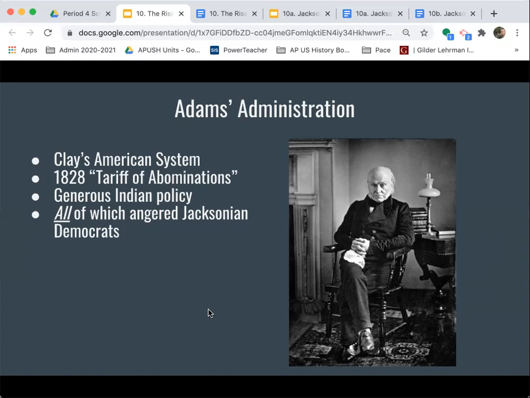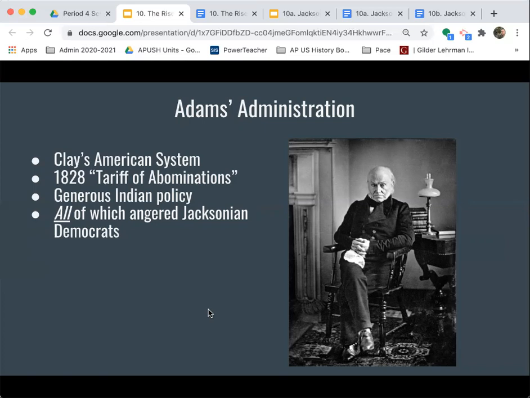He doesn't believe in forcibly removing Native Americans from their land, which is also going to make people angry who want this land. So these three things, right? His support for Clay's American system, his tariff, and the fact that he's very generous and kind to the Native Americans are all going to contribute to Jackson's supporters being really angry.